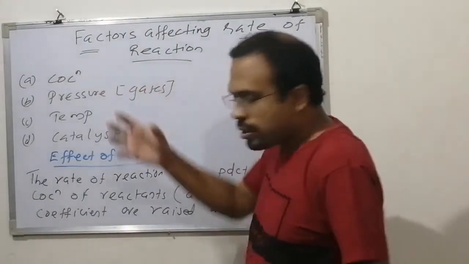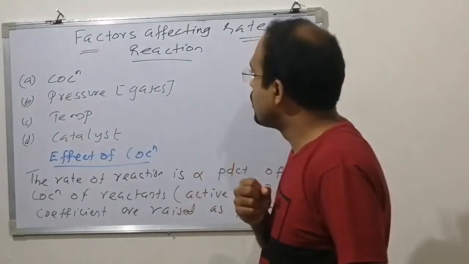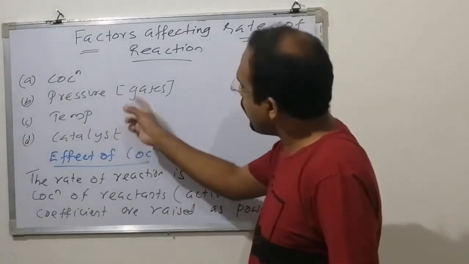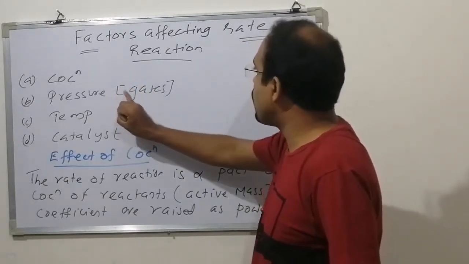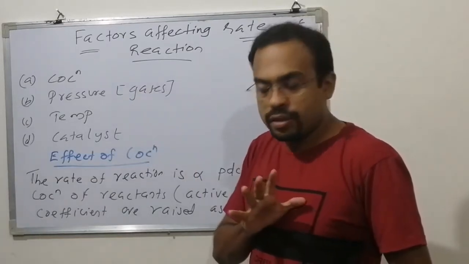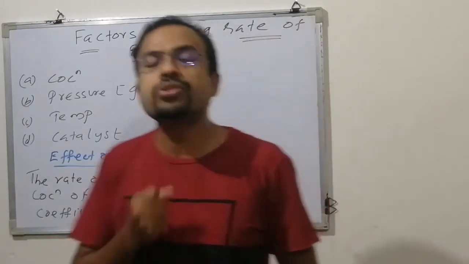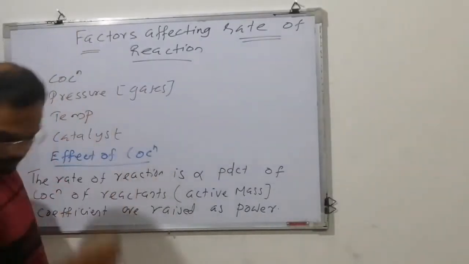Pressure and concentration can be discussed and understood together because pressure is another version of concentration which can be applied only when the reactants are gaseous. Fine. Therefore, when gaseous reactants come, instead of concentration term, you can use the pressure term.